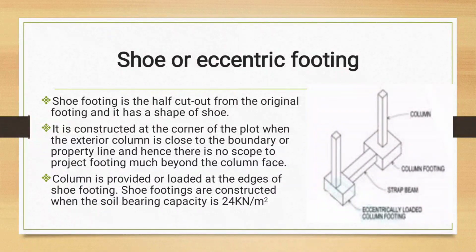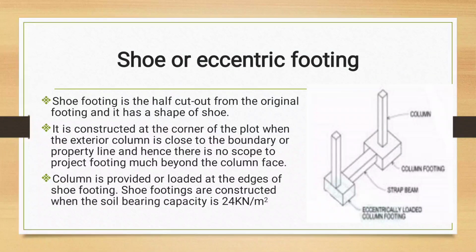Next one is shoe or eccentric footing. This type of footing is suitable when the footings are provided at the border of the property line and the footing cannot extend to the existing property line.